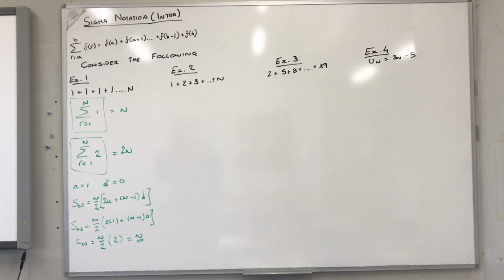And therefore, proven by our previous method of calculating sums of arithmetic sequences, if we just do 1 plus 1 plus 1 plus 1, it's just going to give us a sum of n.